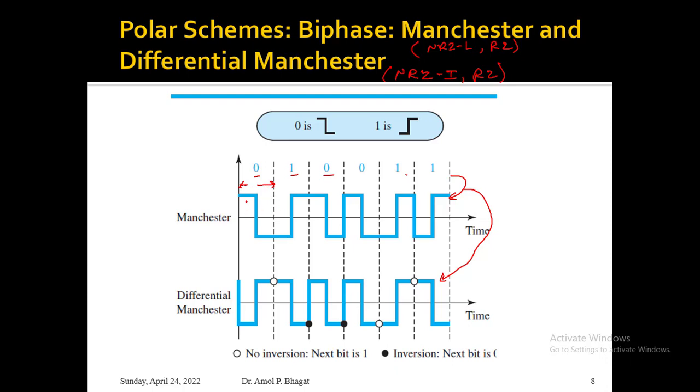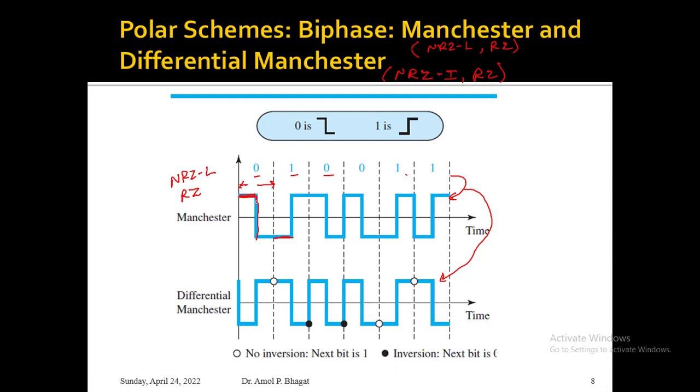Manchester is the combination of NRZ-L and return to 0. Here 0 is represented using positive voltage, while 1 is represented using negative voltage. The signal will always be returning to 0.